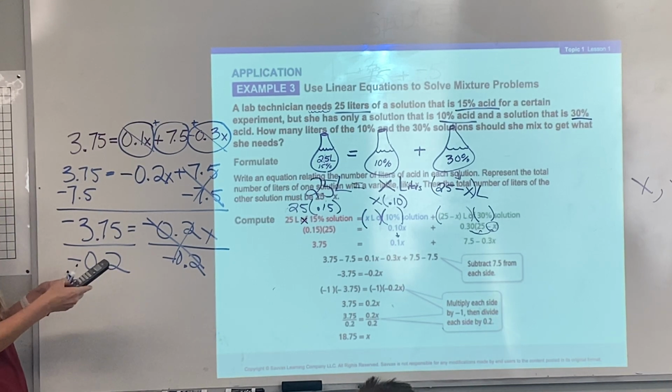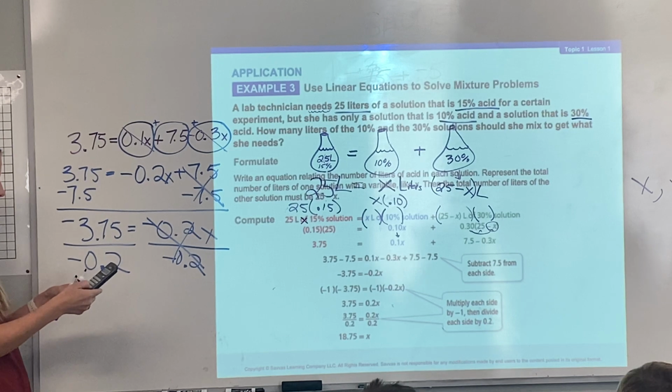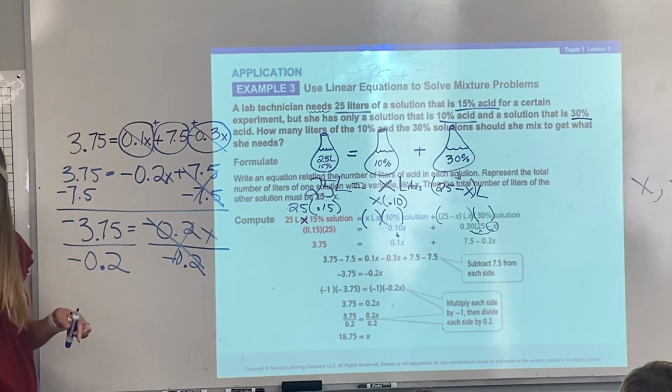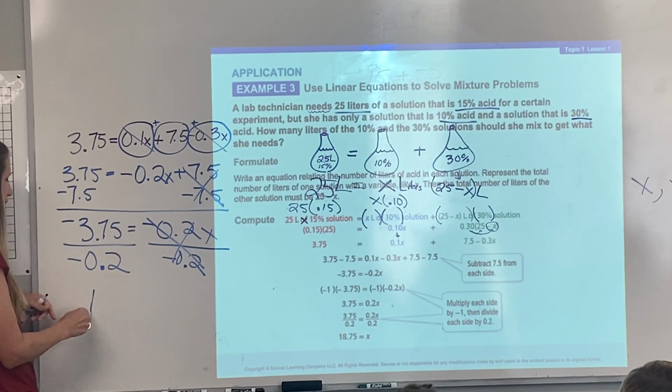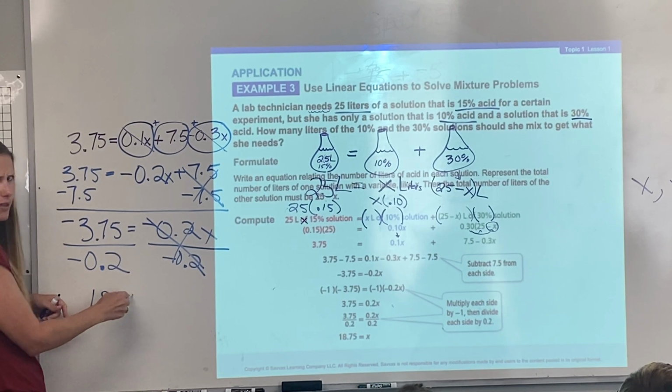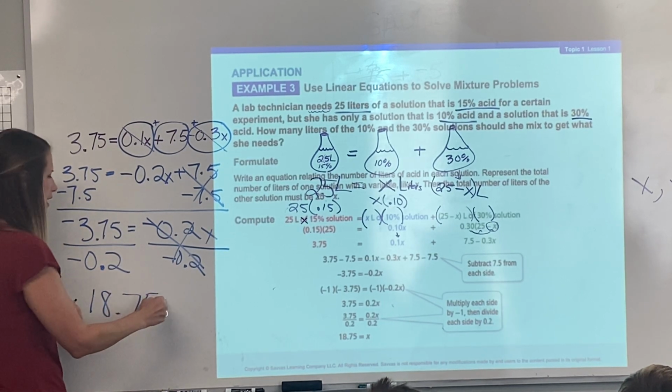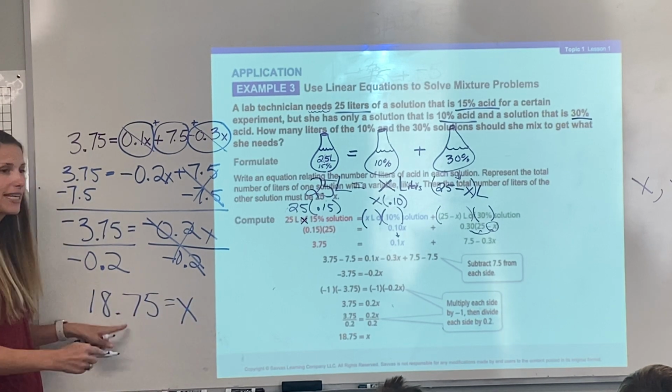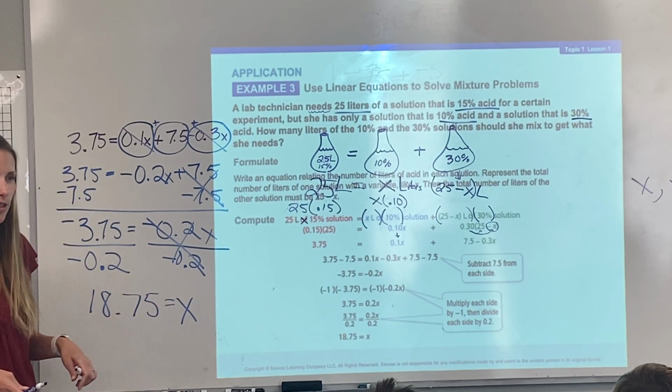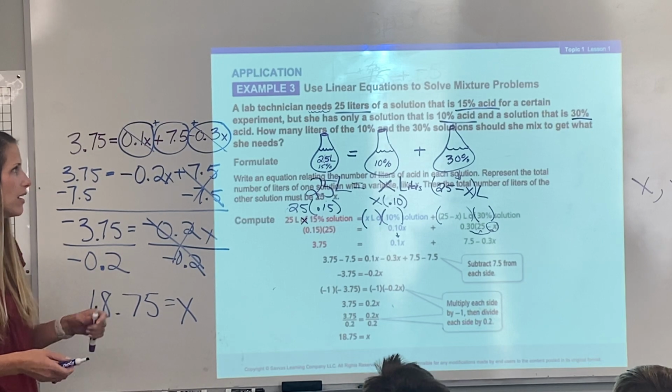So I'll just do 3.75 divided by 0.2, and I get 18.75 equals X.